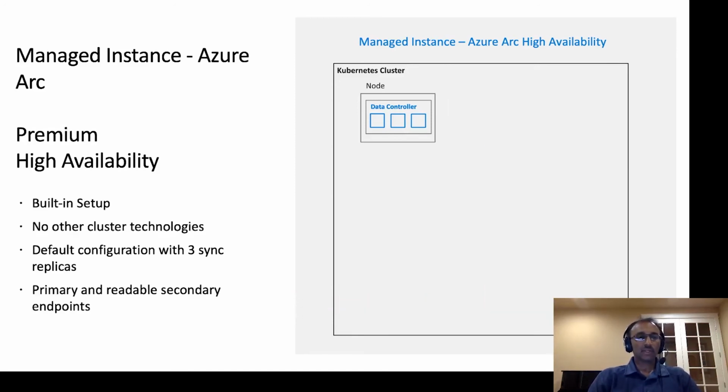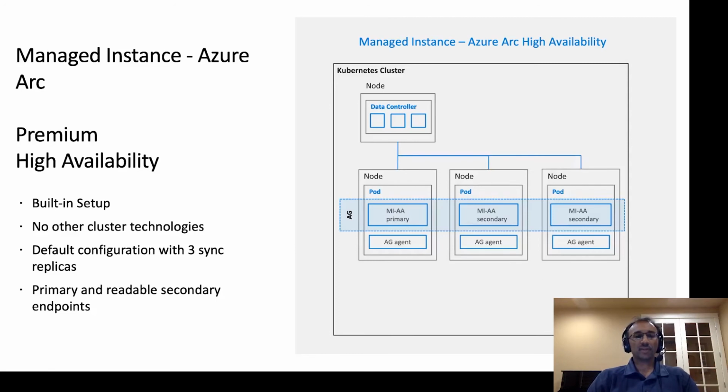Then you have the premium HA. As I said, it leverages Always On availability groups. We will set it up with 3 sync replicas by default, and you will now have both a primary and a secondary endpoint.